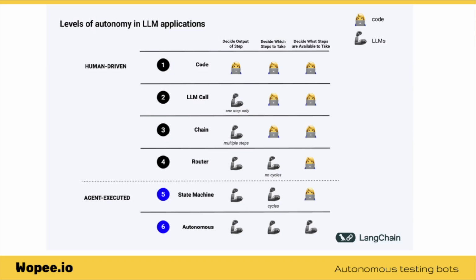There are also 6 levels of autonomy in LLM applications, where we start with simple coding with no LLM at all, and then keep adding more and more LLM and enhancing the application behavior as we add more freedom to our AI-powered tools. At the end, we have an autonomous LLM app. Sometimes people call it an agent, but as I said, it might be a bit messy.